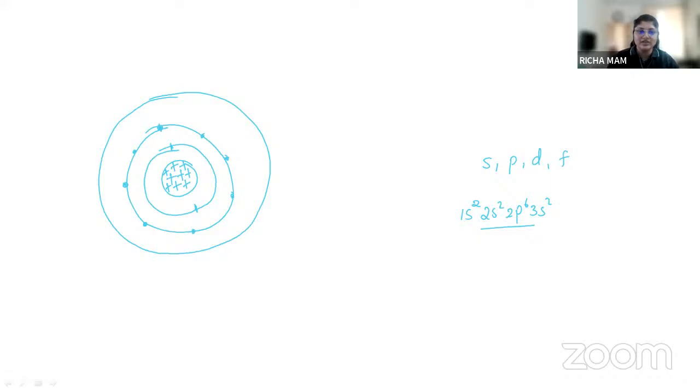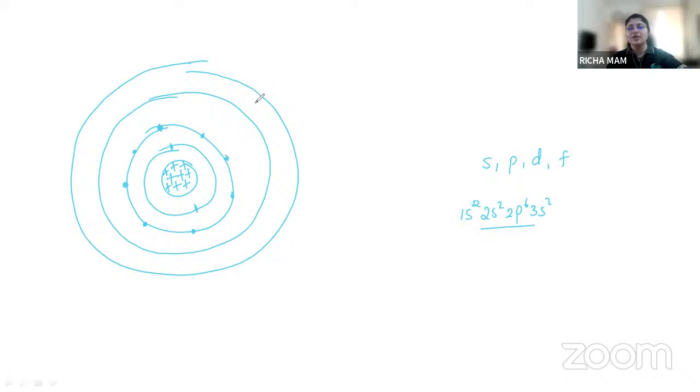Now what is this shielding effect? The last electron is filled in the outermost shell. Now what is happening about the shielding effect?